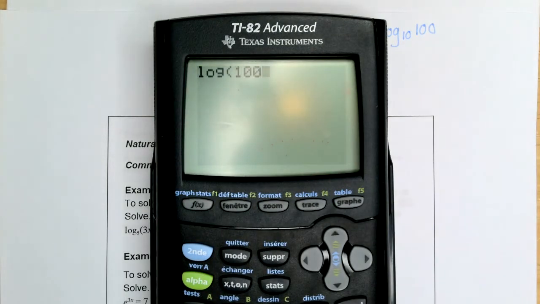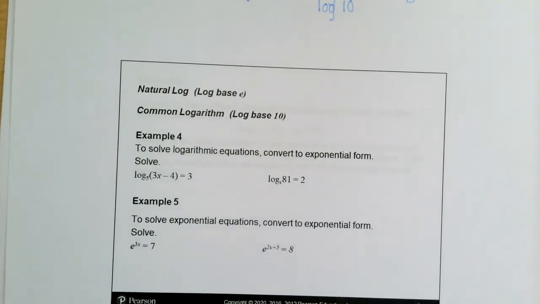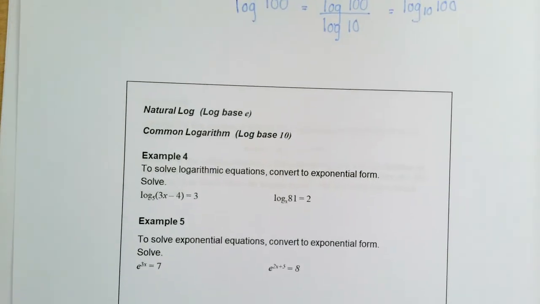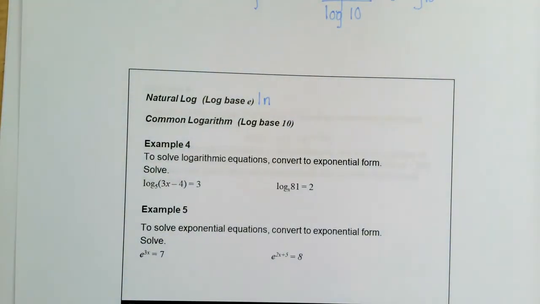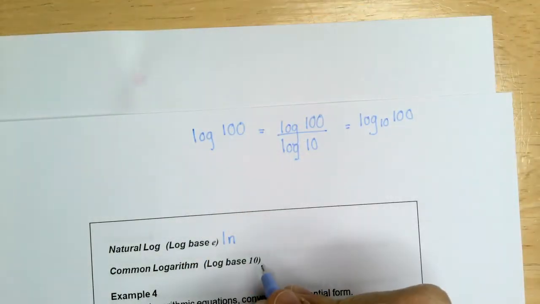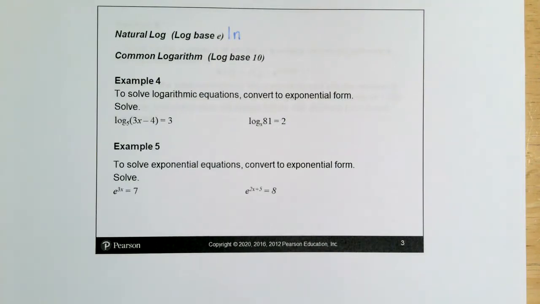Log 100 is 2, because 10 to the power of 2 is 100. It's called the common log. The other type of log that is used very often is called the natural log, and it's ln on your calculator. So common log is log base 10. Natural log is log base e. I remember we learned about it in our last lesson.